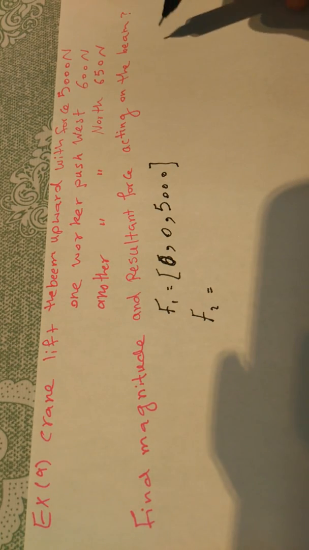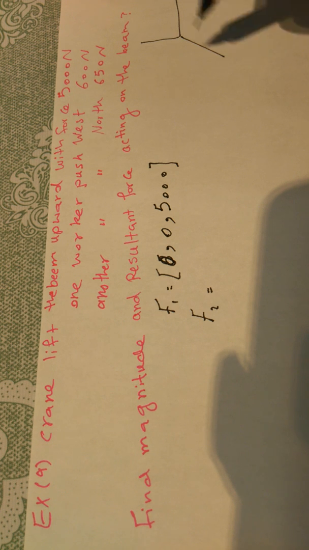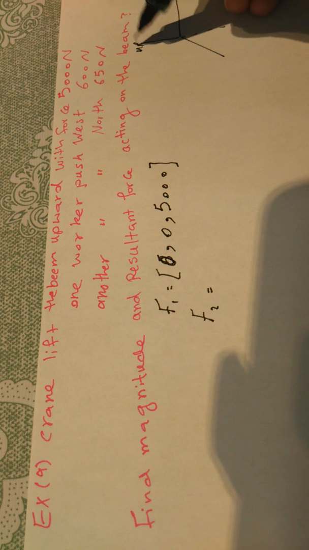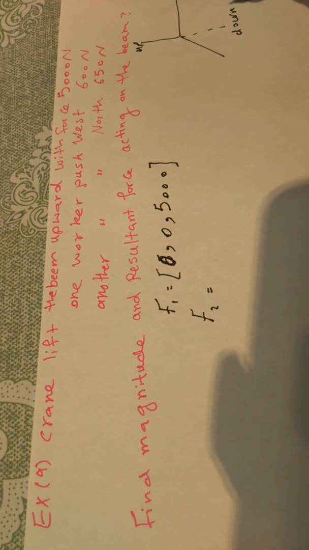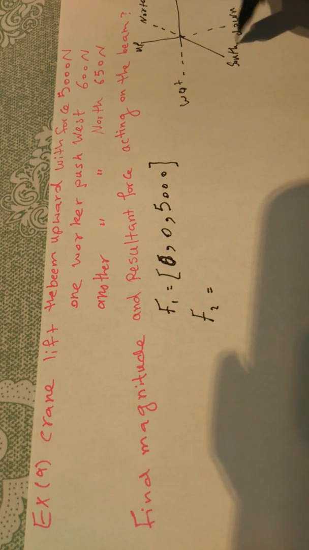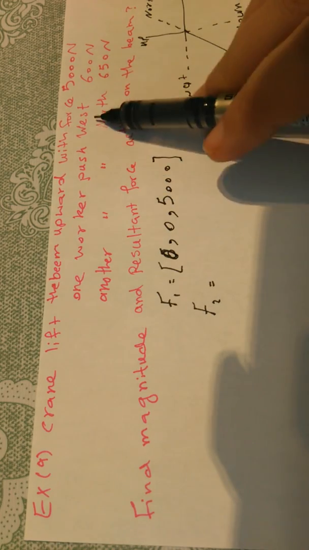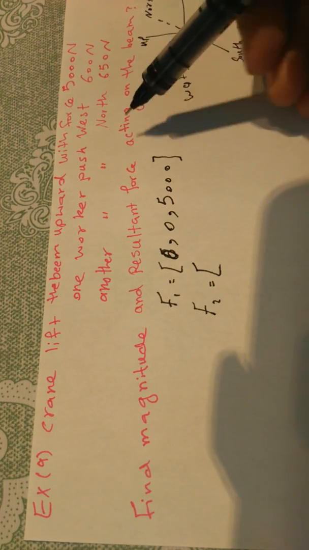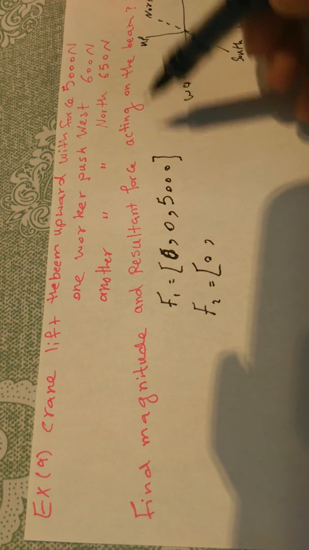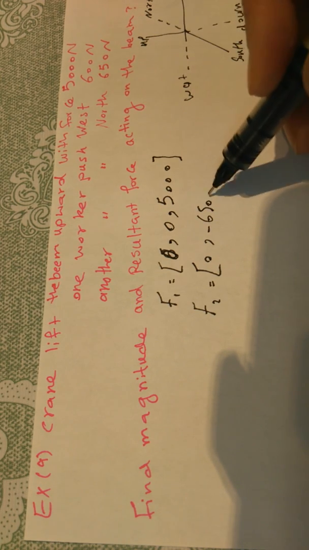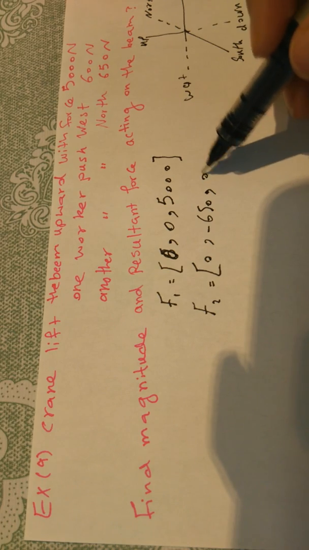West, if you imagine that Cartesian, so this is for z component is gonna be up, down, right? For y component gonna be east, west. For x component gonna be north, south. So therefore this is gonna be west, means this is y component, so it's gonna be negative. So 0, y component is negative 650, because it's at west, and 0.